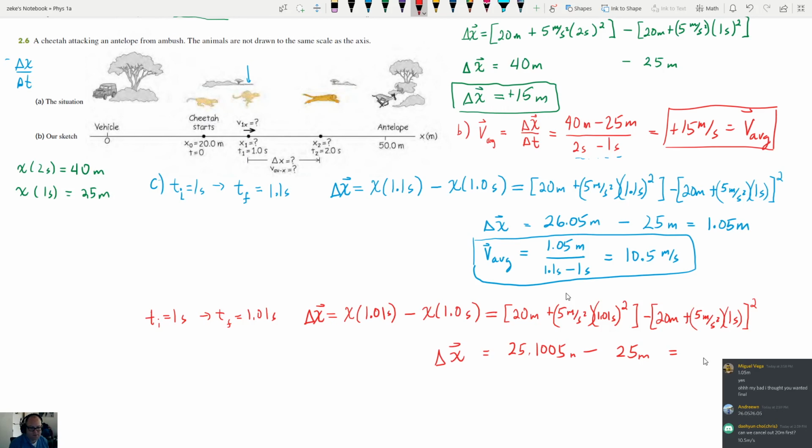So delta x is going to be equal to, looks like, 0.1005. So then to do the average velocity, we're going to get 0.1005 divided by the time interval, which is going to be 1.01 seconds minus 1 second. So we're going to get 10.05 meters per second. That's our average velocity.